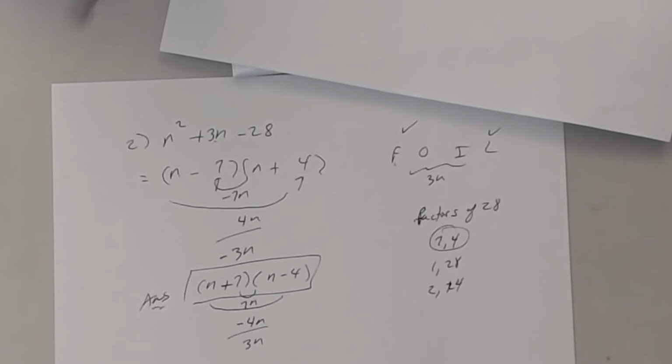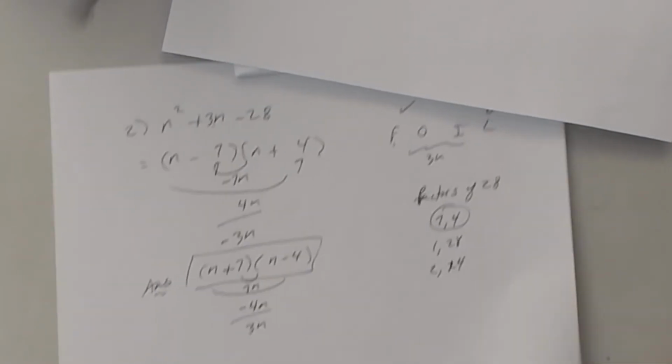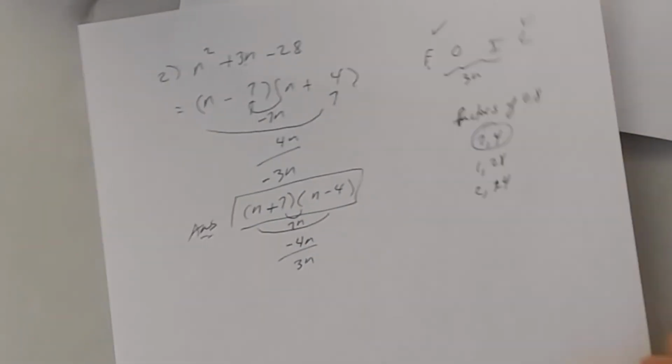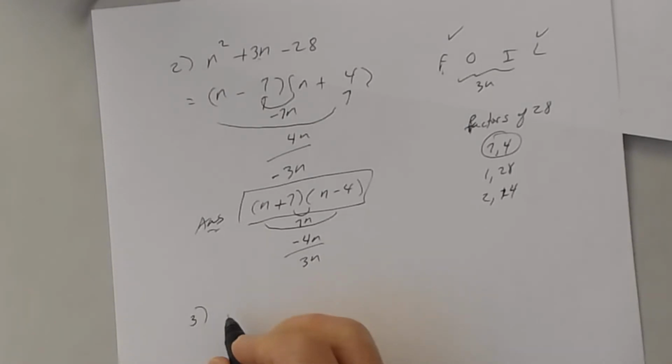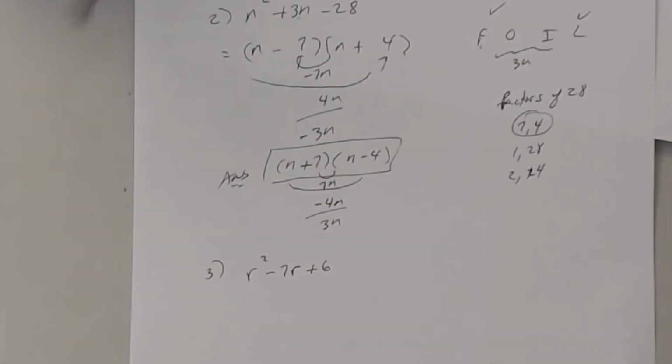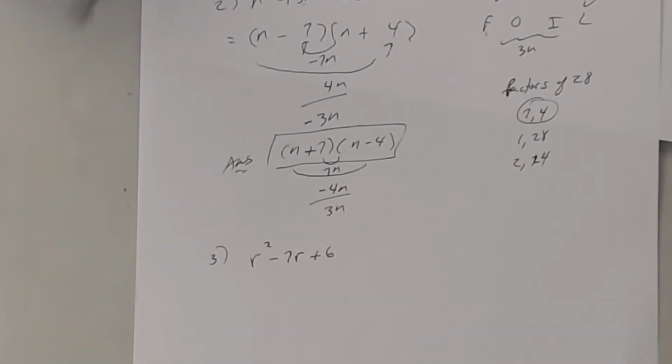Number 3. You have r squared minus 7r plus 6. So r squared minus 7r plus 6. What's the GCF? 1. All right, so I'm not going to factor out the 1.